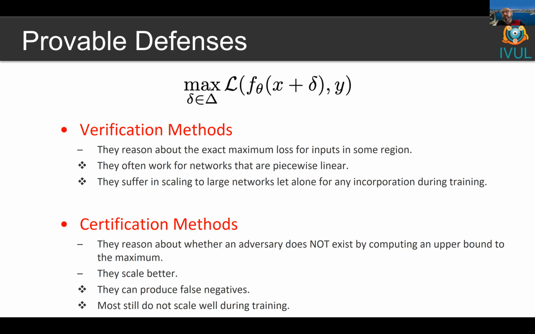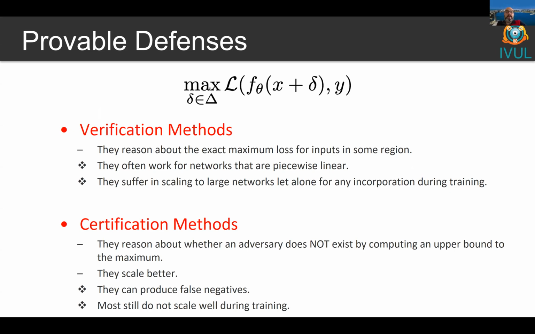On the other side of the coin, there are these provable defenses. Remember when we were treating the optimization as a min-max problem with a maximum? Instead of approximating it and cutting a whole bunch of corners, trying to find the adversaries in training, is there any way to actually find that exact loss in the input space?